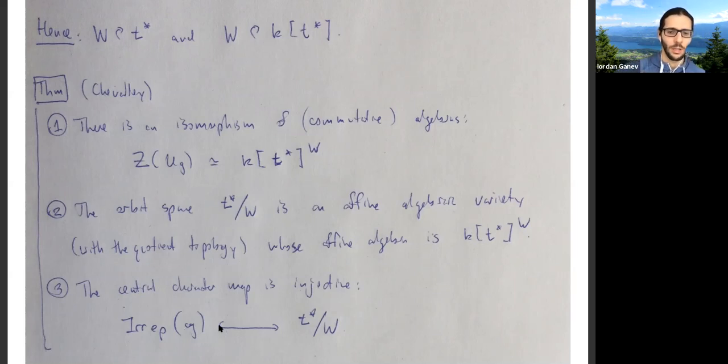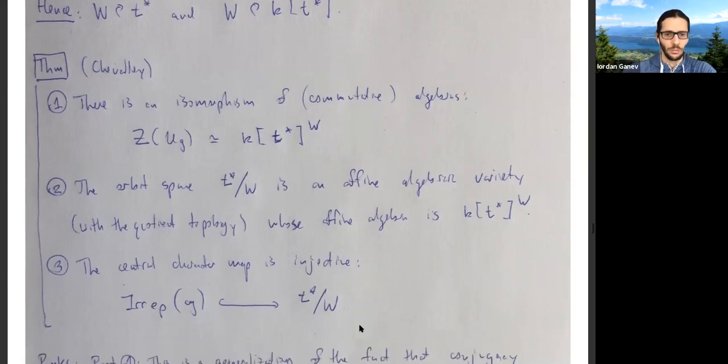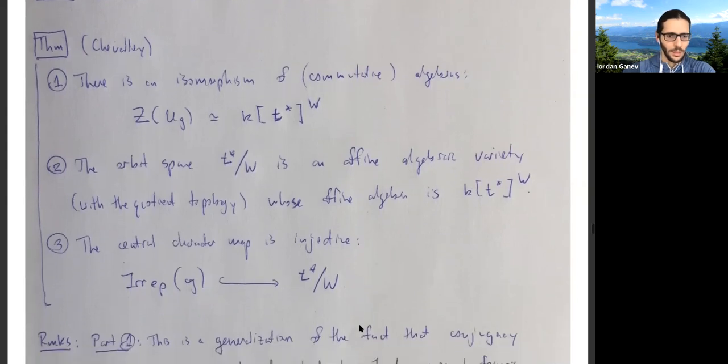That gives us a central character, which by these previous two parts is a point in this algebraic variety, and that completely determines the representation. It's not surjective because we're only considering finite dimensional representations, so it's only injective, and the image is discrete. I'll make some remarks about that below. Okay, so that's the statement.